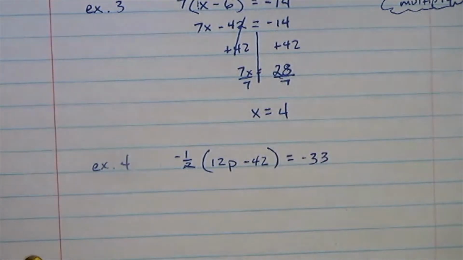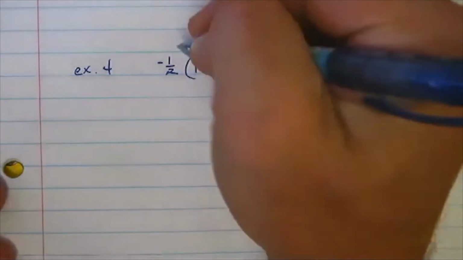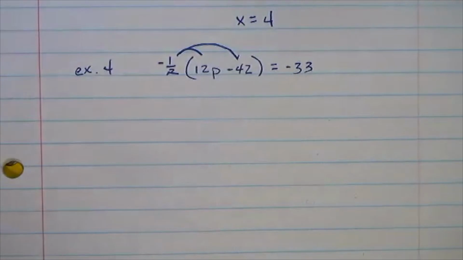I understand that some of us might know ahead of time that there are different ways to solve these. There's an entirely different approach than multiplying this negative 1/2 into the parentheses. You could actually go about it a whole different route, and I get that.